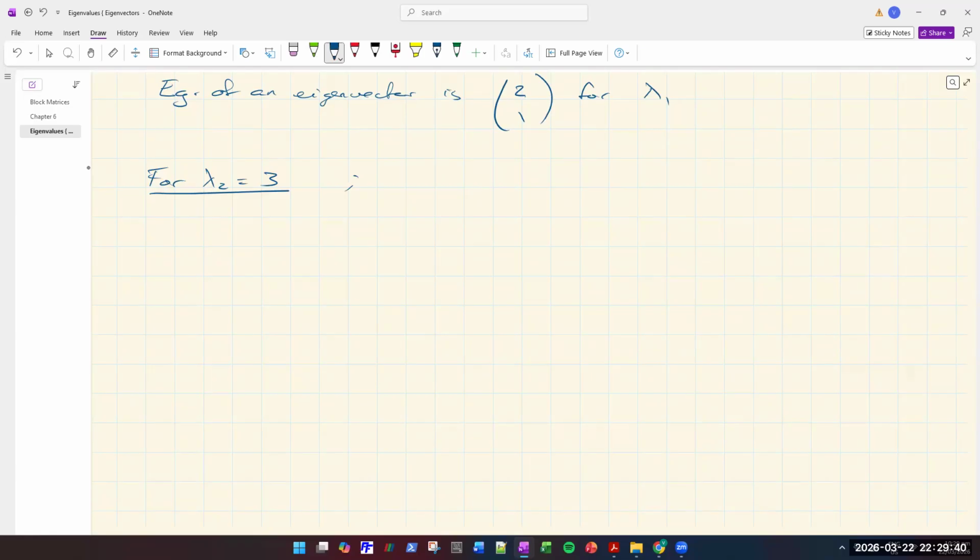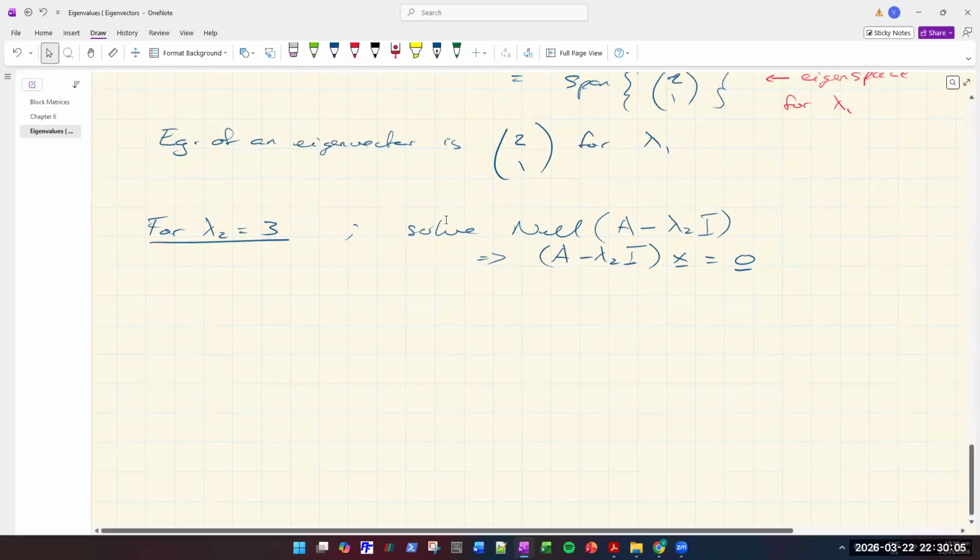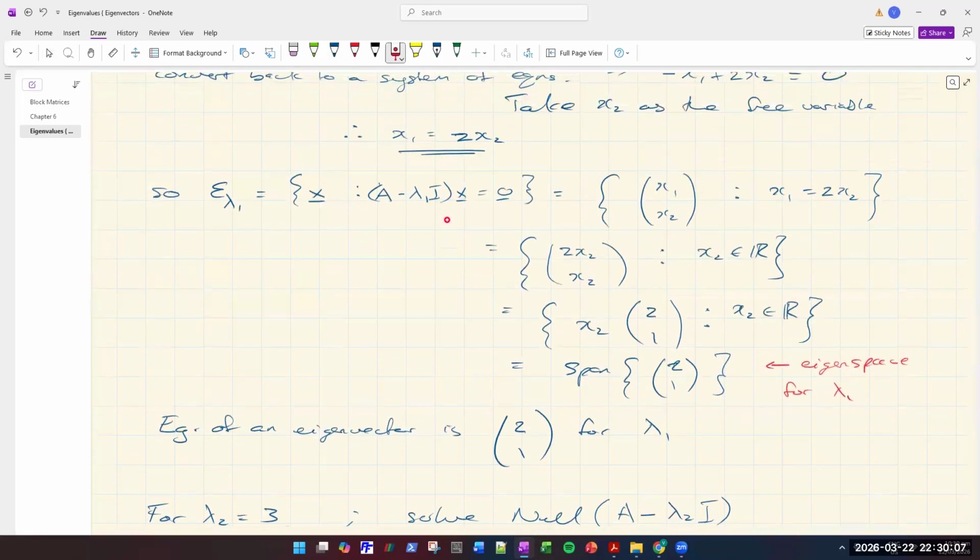Right, so again, we need to solve for the null space of A minus lambda 2I times a vector x. It doesn't matter. It is equal to 0, where of course we know that this x here was different from this x here, right? It's just a variable we were using.